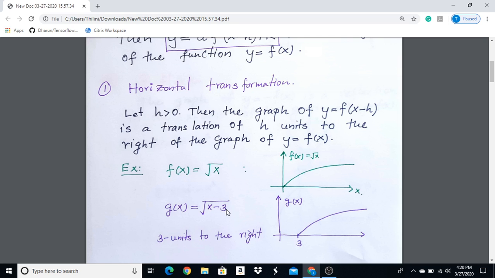That means we should move the green graph to the right because it's x minus 3, by 3 units. When you move it, it looks like this. It's starting at 3 and keeps going, 3 units to the right. This is the horizontal transformation to the right.